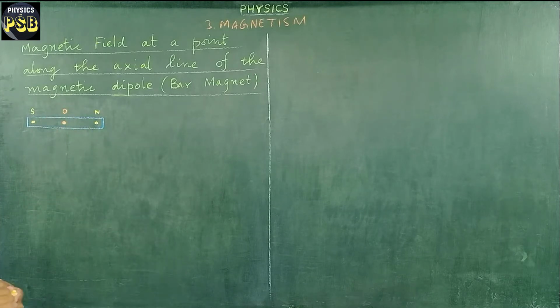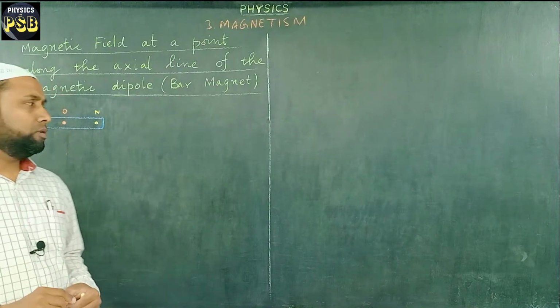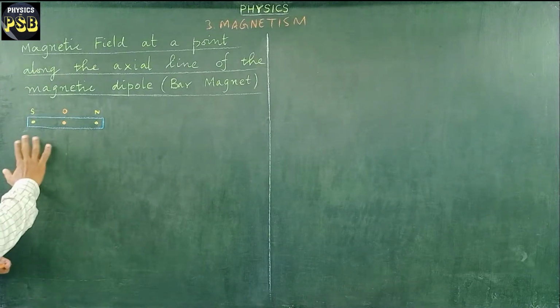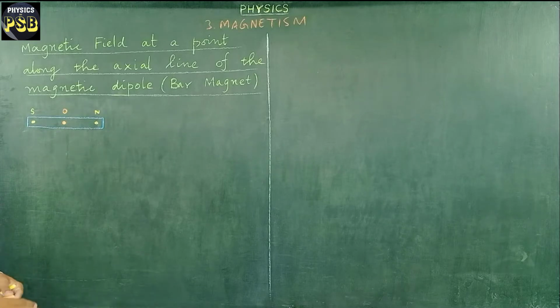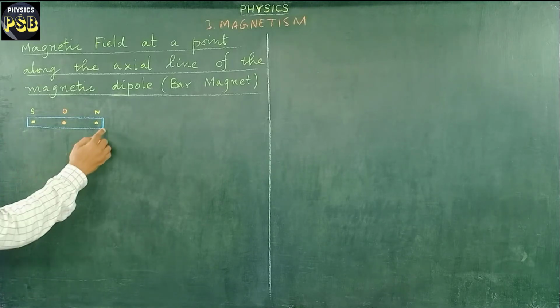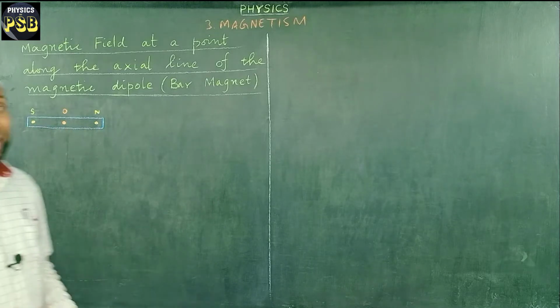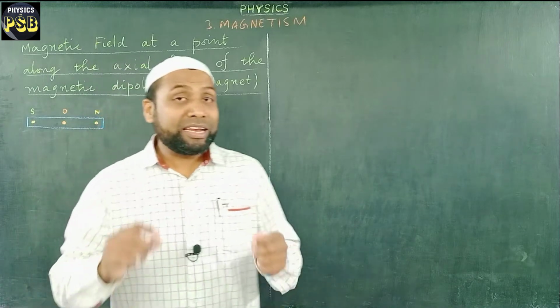When we talk about a magnet, it has two types of length. If you measure the length of a magnet from this end to this end, we call that length the geometrical length.